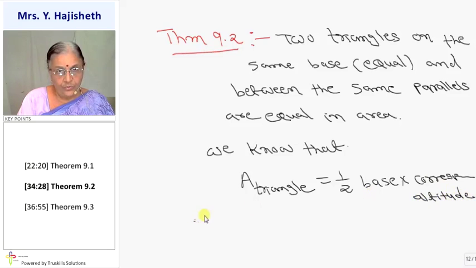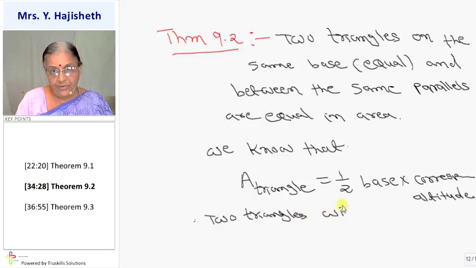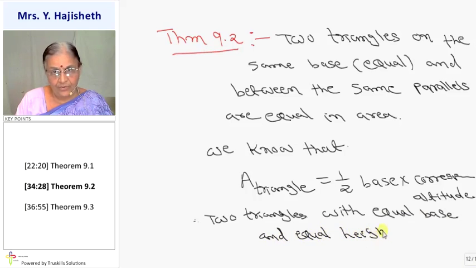So two triangles with equal base and equal heights, because the altitudes are also equal as they are between the same parallels, are equal in area.